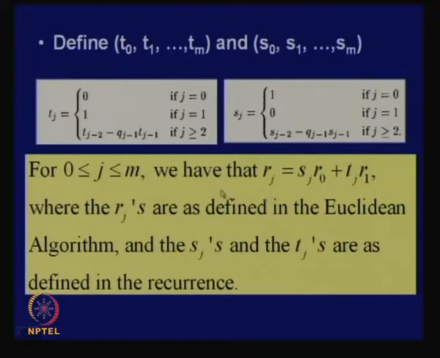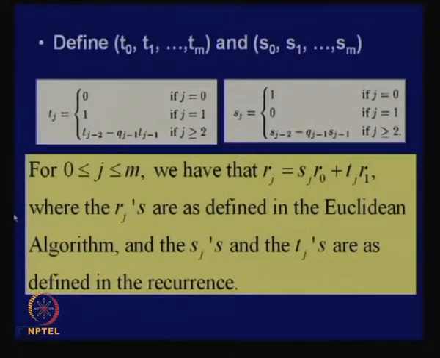So, what we can actually prove is that Rj, the corresponding remainder value at the jth stage, can be expressed as a linear combination of R0 and R1 with coefficients Sj and Tj, okay. The Rj's are as defined in the Euclidean algorithm and the Sj's and Tj's are as defined in the above recurrence, okay.